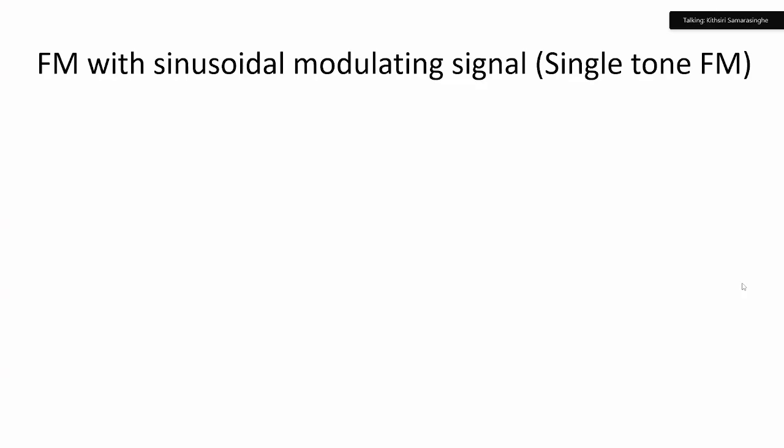Now, so far we were discussing the generalized forms, actually 3 different forms. Let's make it more simple now. Assume that our modulating signal is just one single frequency tone. Okay? Then equations become more simple. So we are going to discuss single tone FM. Assume this is our modulating signal, like what we discussed in AM. We now take a single tone, Am cos omega mt, as the modulating signal.